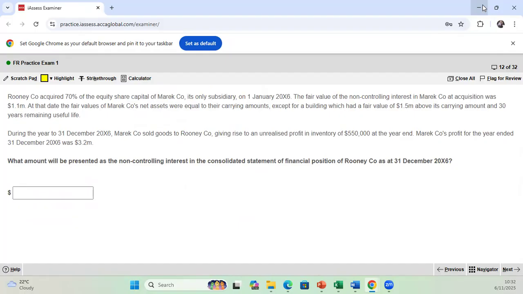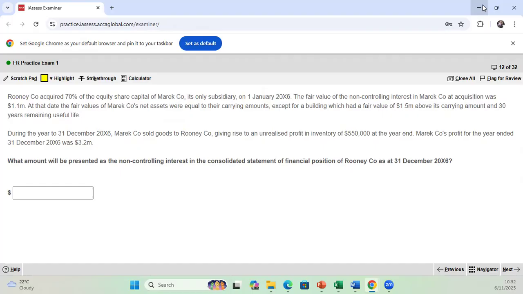So we are told that there's a building with a fair value of 1.5 million above its carrying amount. So the fair value above the carrying amount is 1.5.